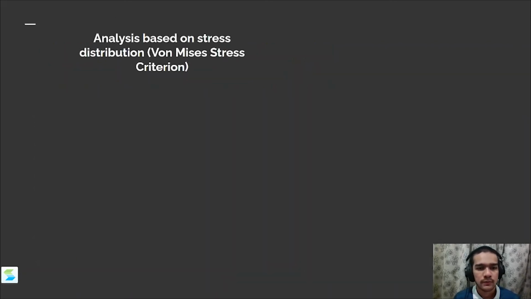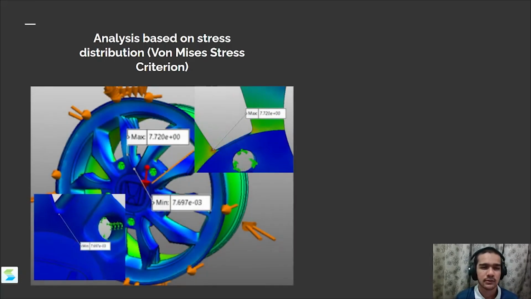Alright, so for the first analysis, based on the stress distribution, von Mises stress criterion, we can see the maximum stress, which is 7.72 megapascal, and also the minimum stress, 7.697 exponent negative 3 megapascal.